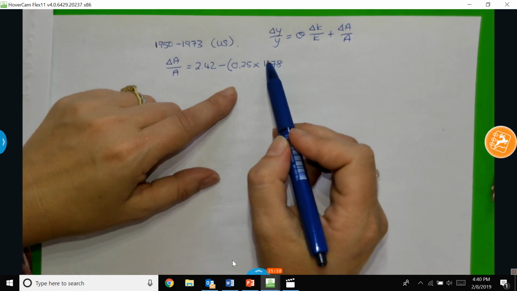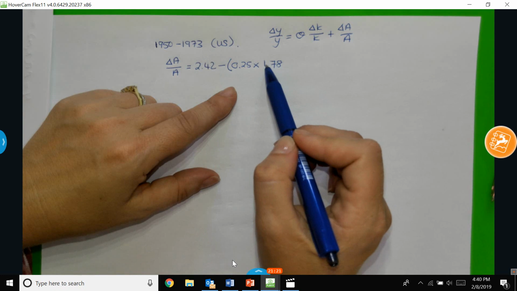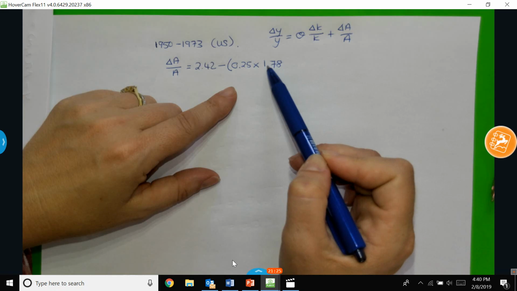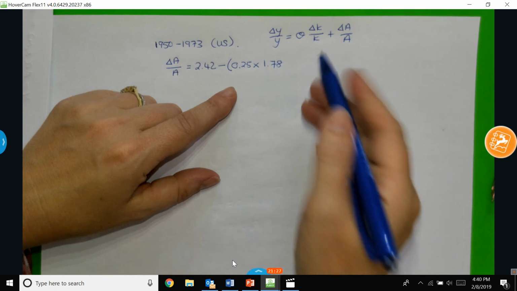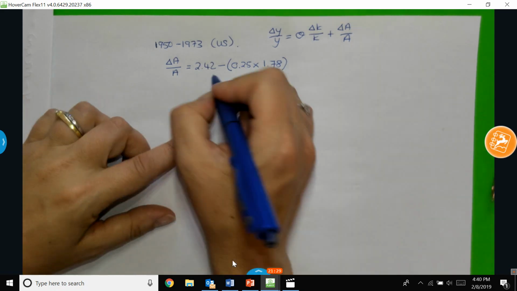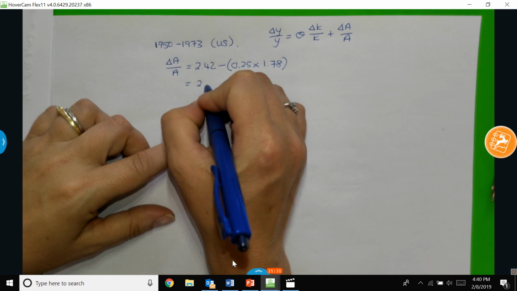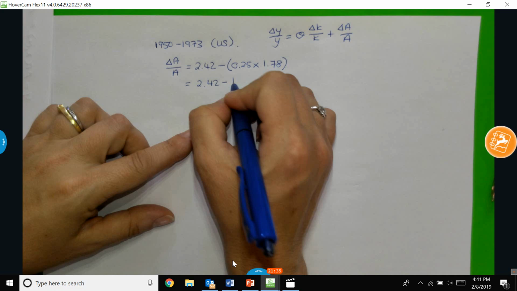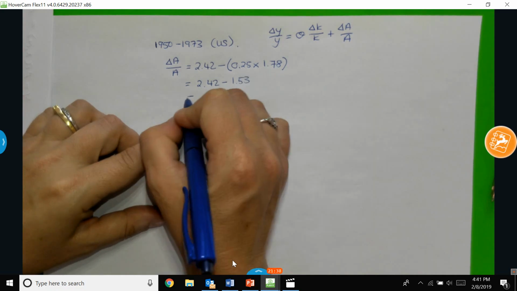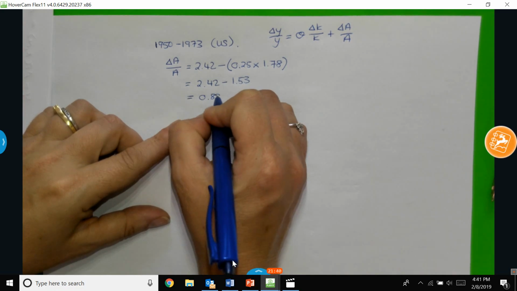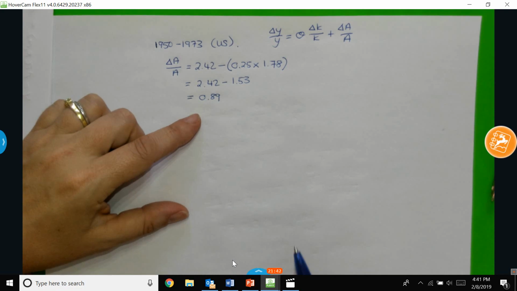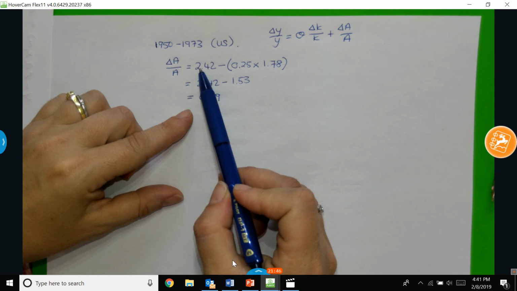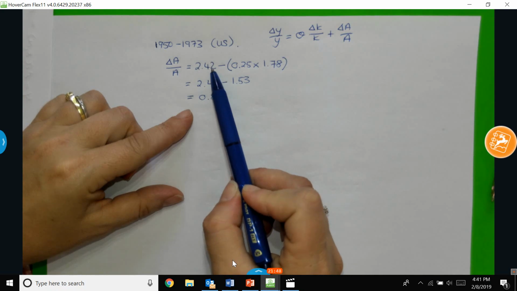In that table, we saw that the amount of capital stock per person in the US grew at a rate of 1.78%. Okay? So we take 2.42 minus, this works out to 1.53, and we get an answer of 0.89.